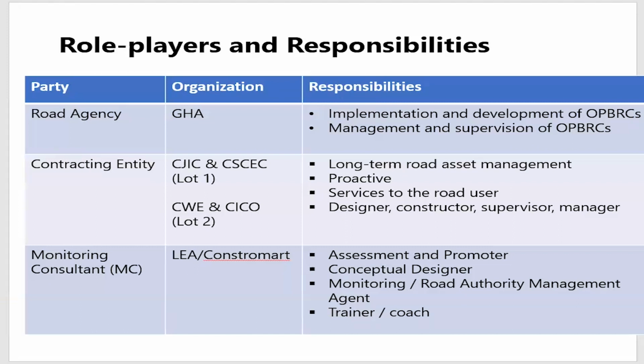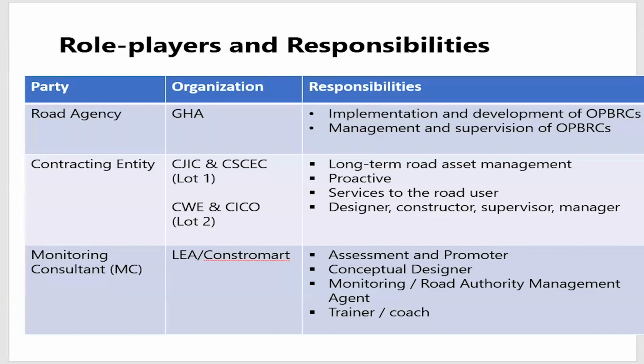So it's 2 lots for 2 entities. We have CJIC with China Jiangxi, and then China Water with SICO as the main contracting entities. And then we have a monitoring consultant.